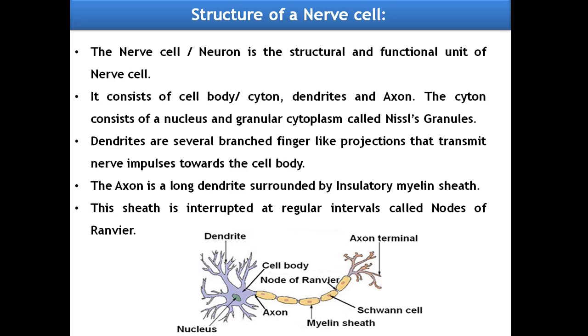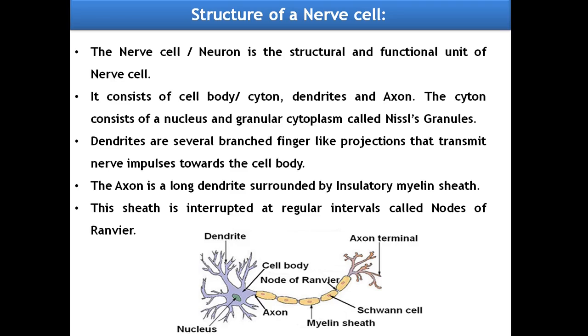Dendrites are several branched finger-like projections that transmit nerve impulses towards the cell body from another nerve cell. A long extension that reaches different parts of our body is called axon.